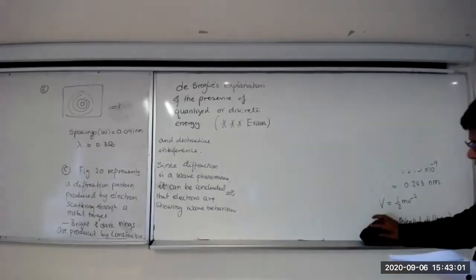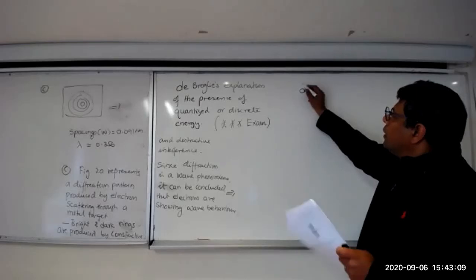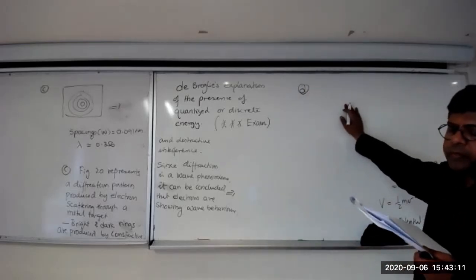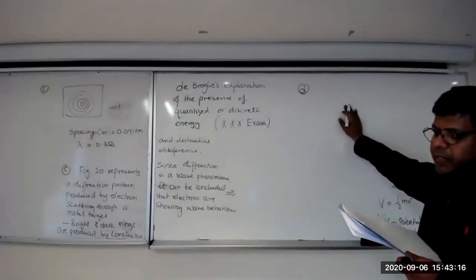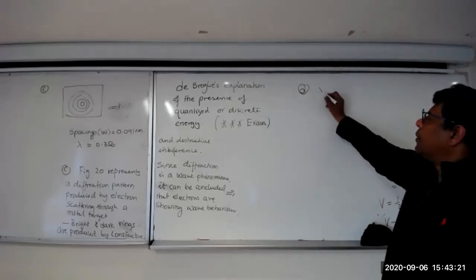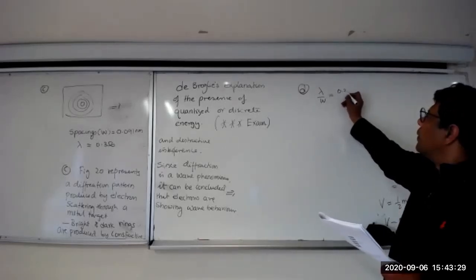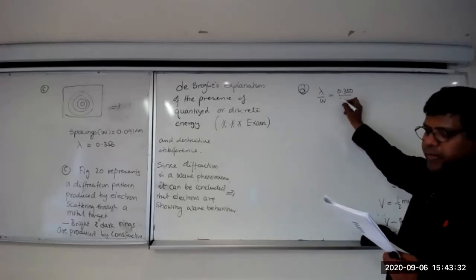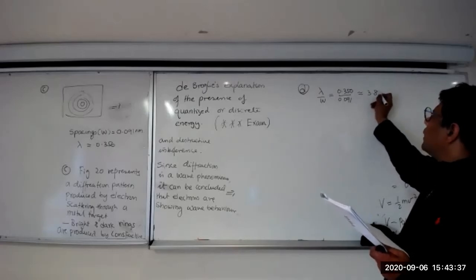Okay, there's another question about light and matter. Part D is kind of confusing the way the question was asking. For your answer to part C, provide an explanation for the behavior of electrons. What they were expecting here is the lambda on W ratio, which is 0.35 over 0.09, about 3.8.